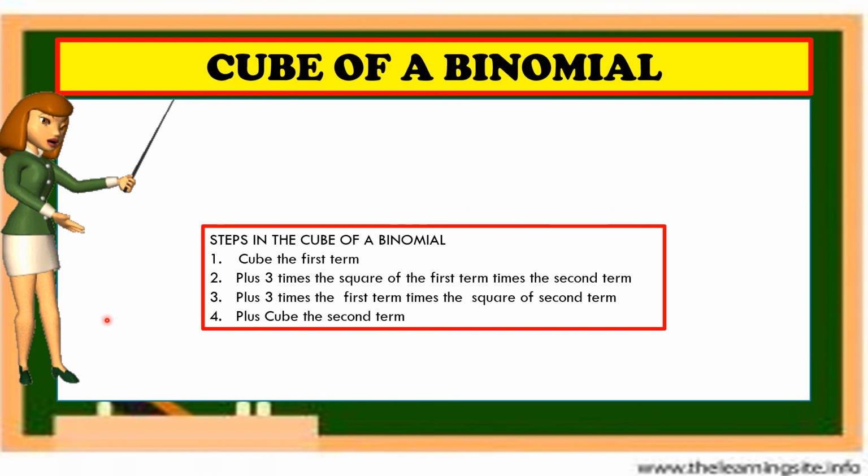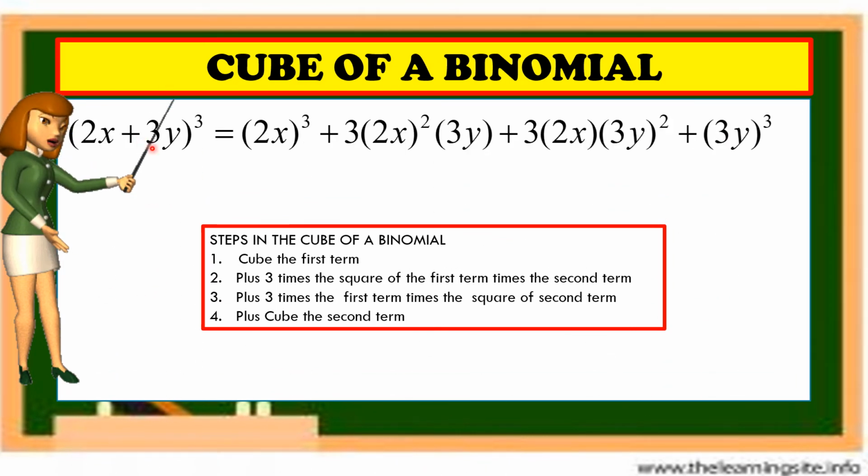We have our given (2x plus 3y) quantity cube. The first step is to cube the first term. Our first term is 2x, so we have 2x quantity cube. The next step is plus 3 times the square of the first term times the second term: plus 3 times (2x) squared times the second term 3y.